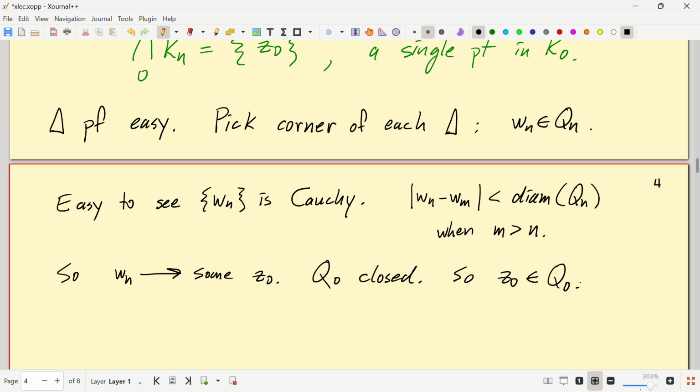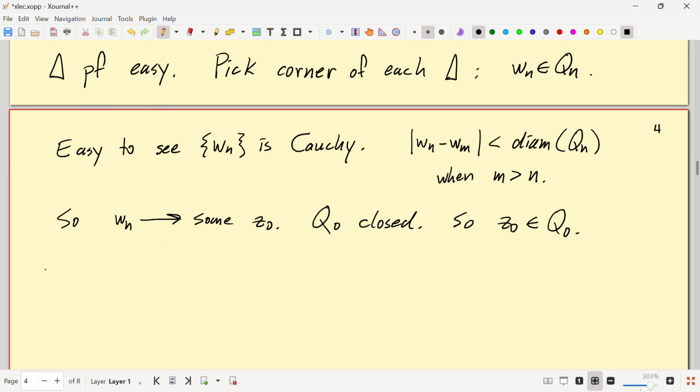Okay, now back to the Goursat lemma. Let's write the intersection of all those Q's is equal to a single point Z0.